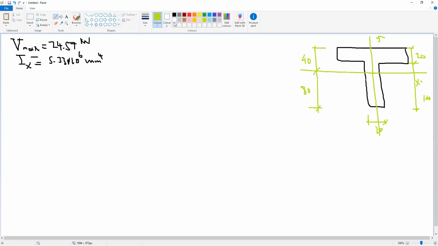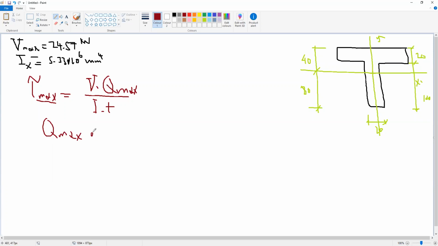Okay, so now we need to find tau max again. V multiplied by Q, over I and t. And we said to find tau max, we need Q max. Where is Q max? Q max and tau max are at the centroid. So this is where tau max is. This is the cut.